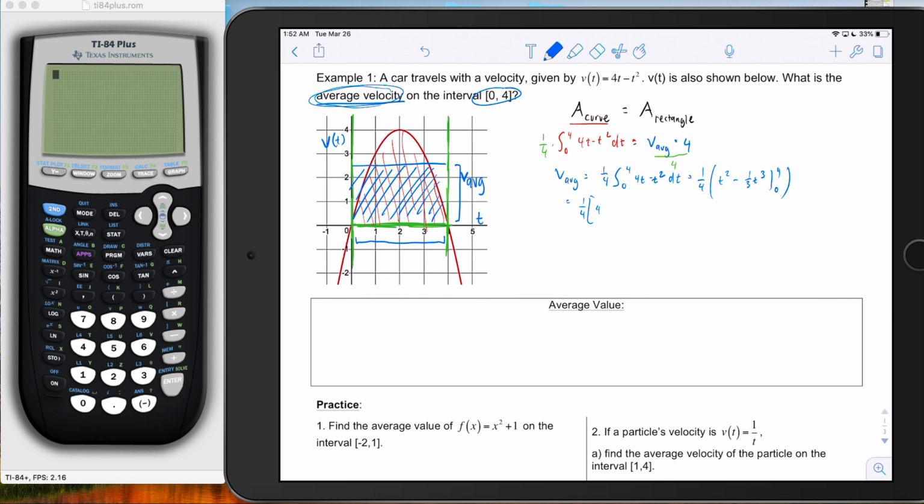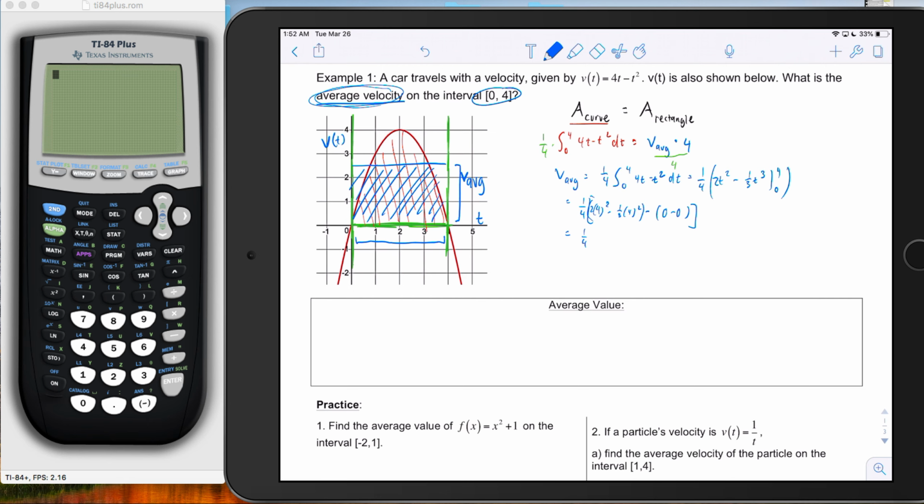It's not t squared, it should be 2t squared. So 2 times 4 squared minus 1/3 times 4 squared minus, if we plug 0 in, I know it's going to be 0 minus 0. Okay. When we plug all those things in, we get 1/4.